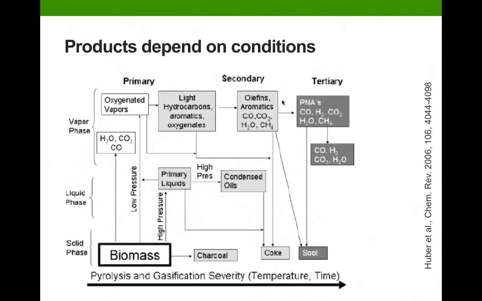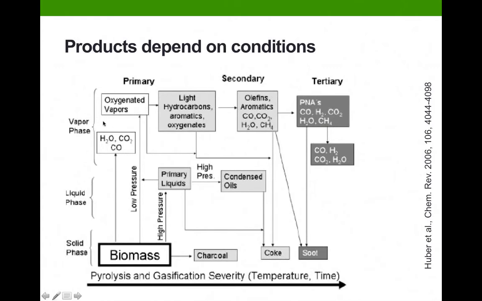Okay, so let's first go through the gasification of biomass. And I'll show this chart a couple of times because basically pyrolysis and gasification are very closely related. We start with a solid biomass, and depending on how high the temperature is and how long we keep that biomass at that high temperature, we get a more severe treatment process and we get different ranges of products.